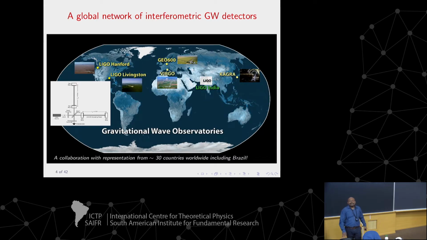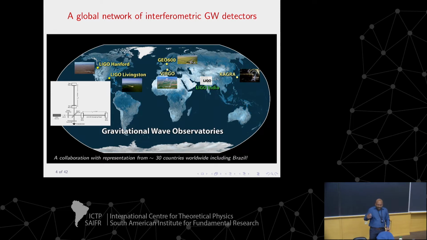We currently have a network of 5 detectors which are operational or which are going to be operational as soon as our next observing run starts. Of the 5 detectors, 4 of them are really science detectors, and there's a GEO 600 detector in Germany, which is mainly used for testing various components that eventually get installed in the other detectors.